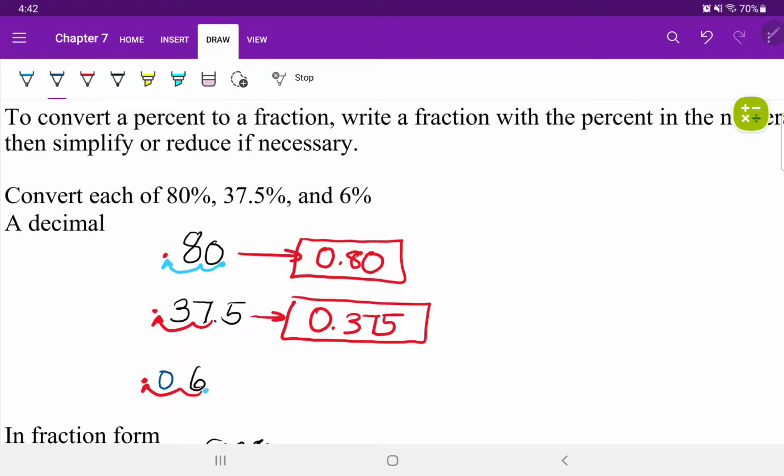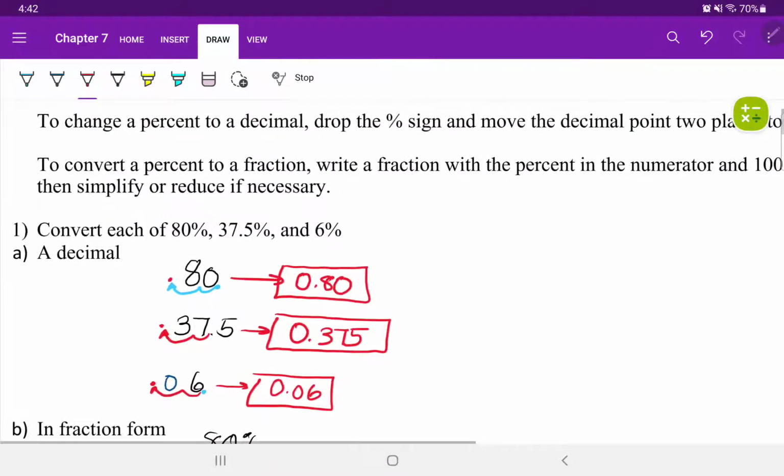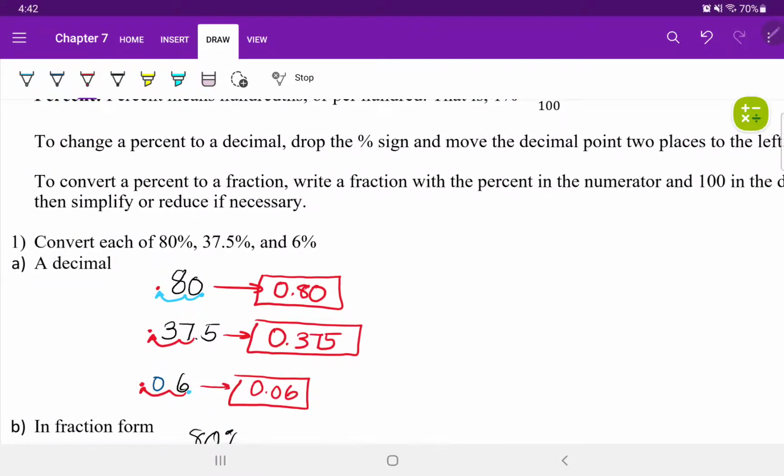So whenever there's an open space, when we move to the right or to the left, we put a 0 there as a placeholder, and that is going to be 0.06. So that is how we convert our percentages into decimals.